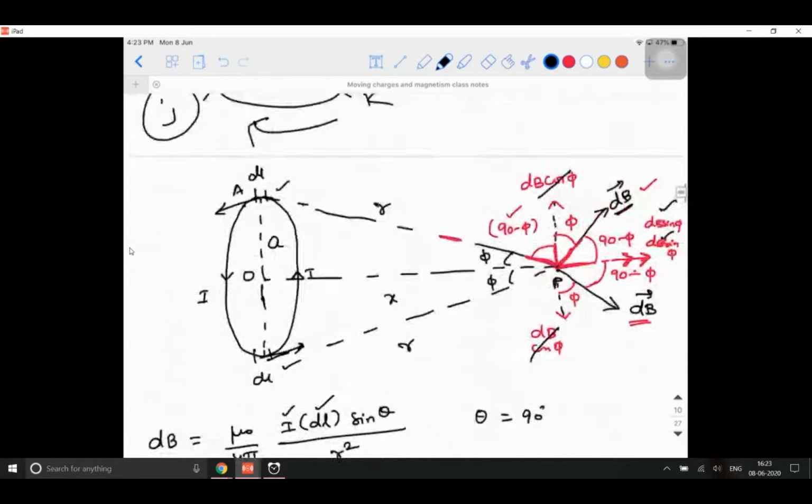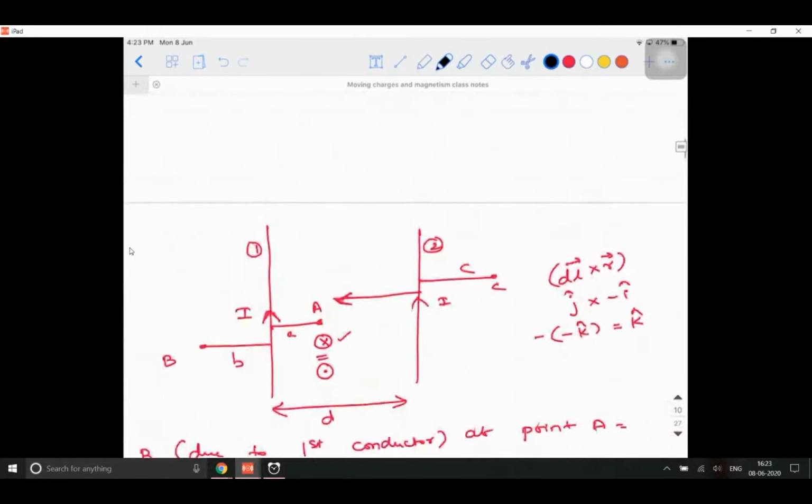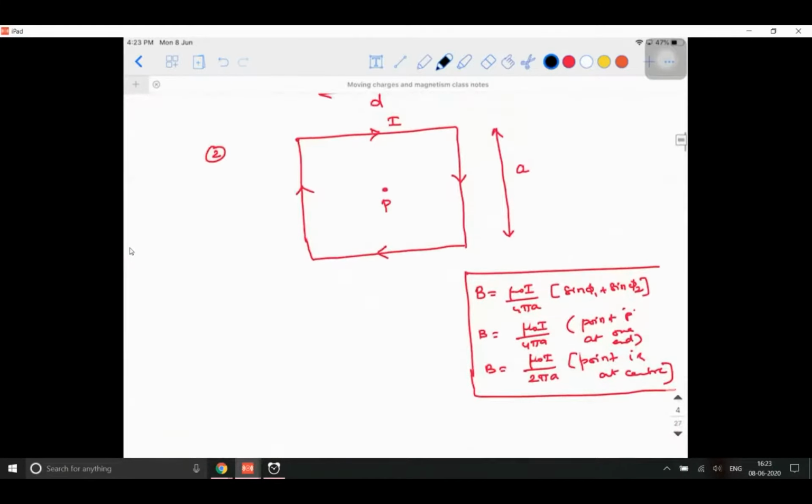If I take the point P at one of the ends, it is mu naught I divided by 4 pi a. If this point P is somewhere at the center, which actually doesn't exist for an infinite length wire, center in the sense I'm trying to say somewhere between the ends, that is going to be mu naught I by 2 pi a.